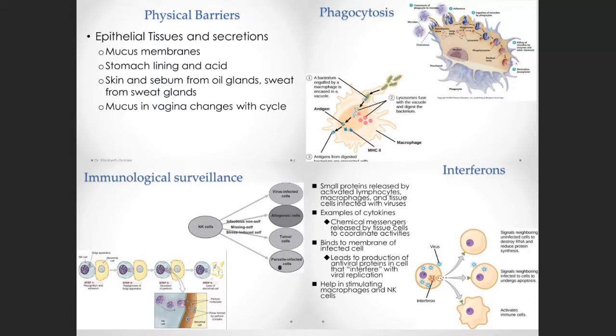Okay. The next type of prevention or non-specific defense is, let's say something gets past the epithelial barriers and the mucus and the slime and the oils that were there. Typically, right behind the epithelial barrier is areolar connective tissue.